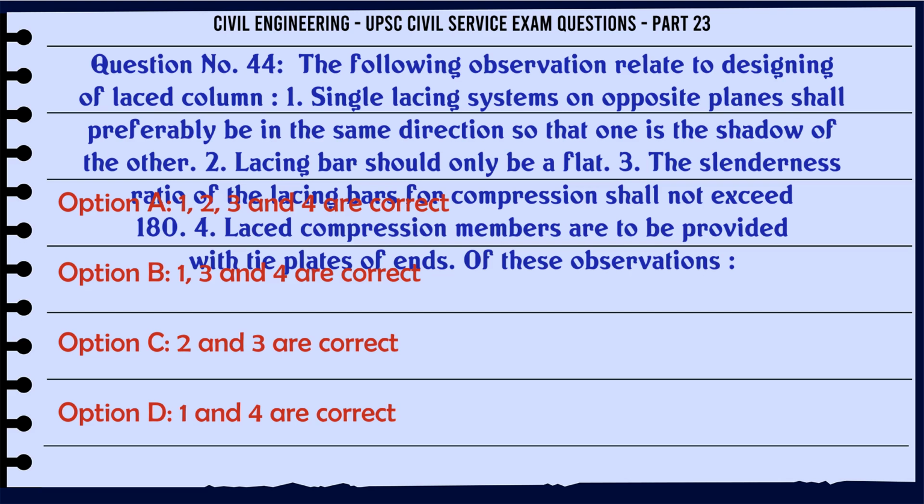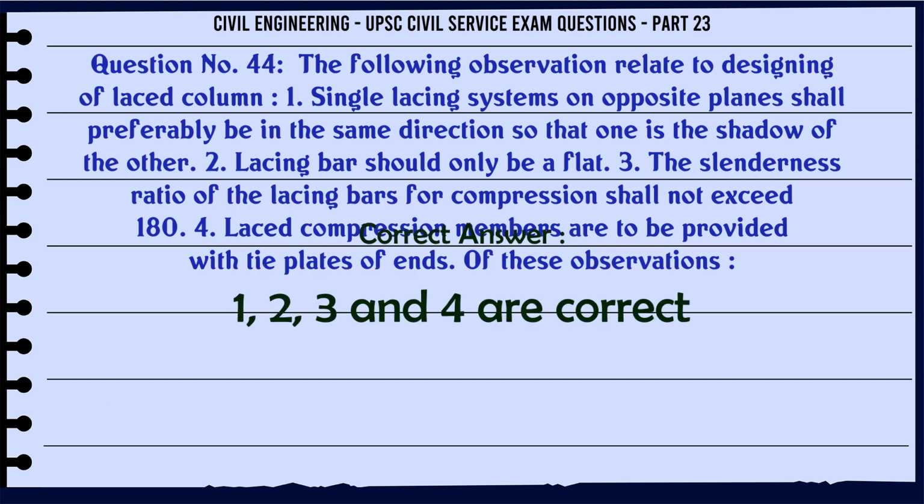Laced compression members are to be provided with tie plates at ends. Of these observations, A. 1, 2, 3 and 4 are correct. B. 1, 3 and 4 are correct. C. 2 and 3 are correct. D. 1 and 4 are correct. The correct answer is 1, 2, 3 and 4 are correct.